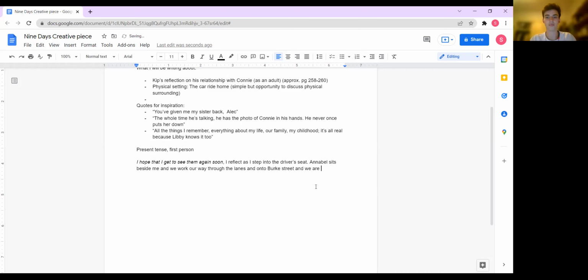And we are really moving now. So I'm being a little bit free with my grammar and my tense here, because it's the thinking that counts. I'm also trying to draw from the text. From Kip's chapter, he talks a lot about the web of lanes and how he owns them. So we'll take a little bit of that and it'll show a little bit of specific knowledge of Melbourne and the city with Burke Street.